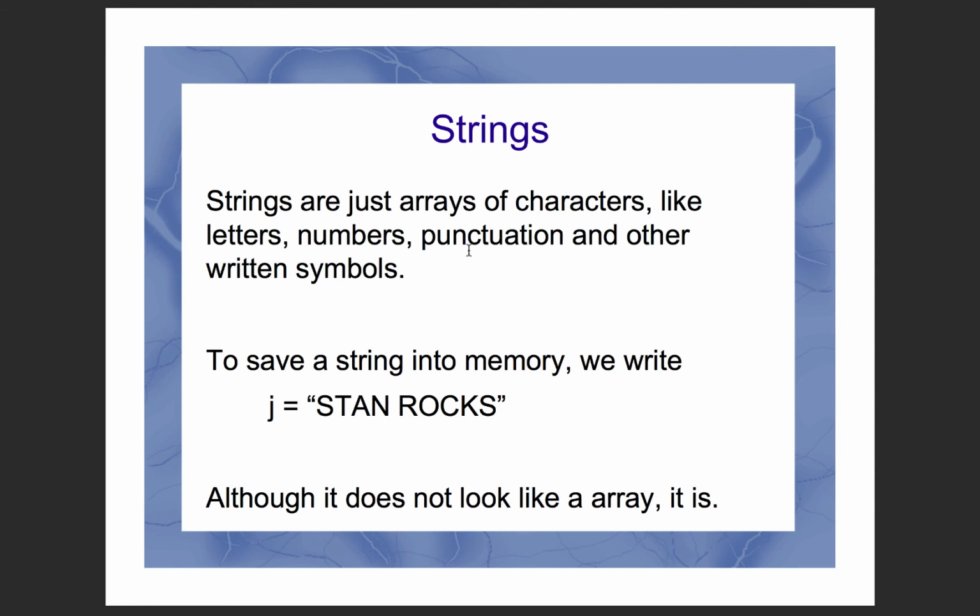The second thing is the string. You have already learned string in your previous course. String is a kind of array. The difference is that the last element of this array keeps a null value. For example, if J contains "stand rocks", "stand rocks" is a string.